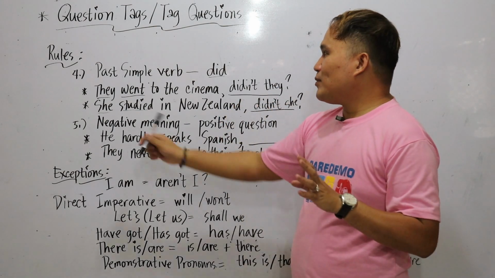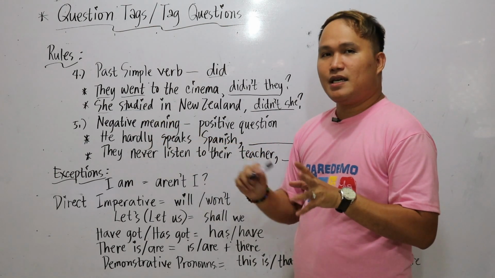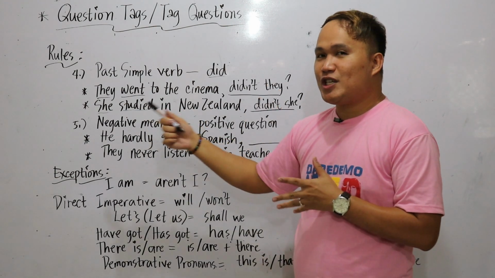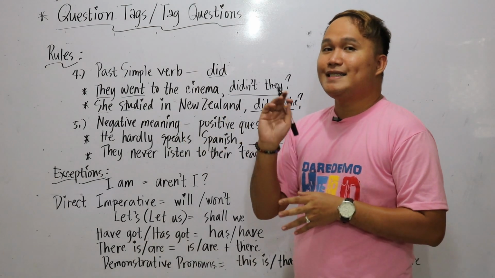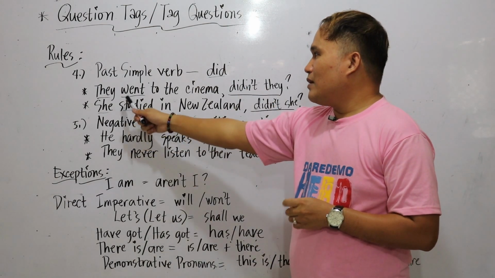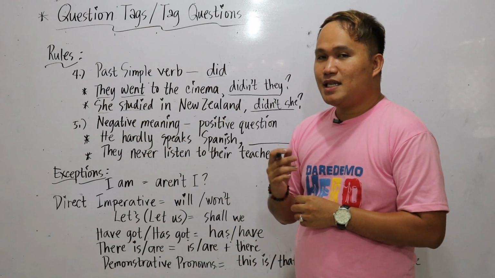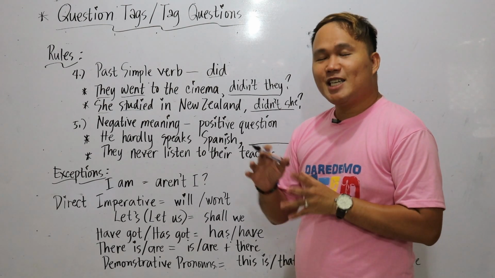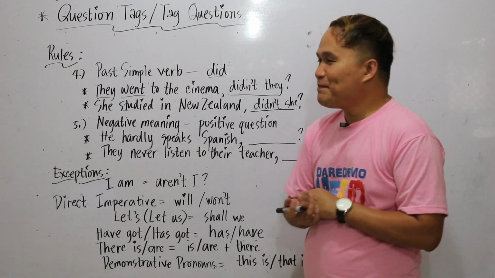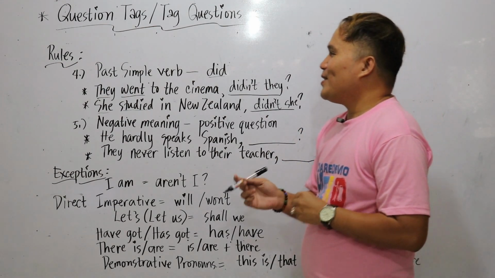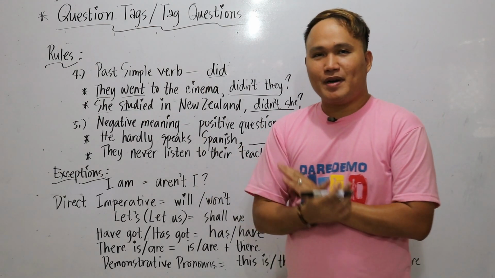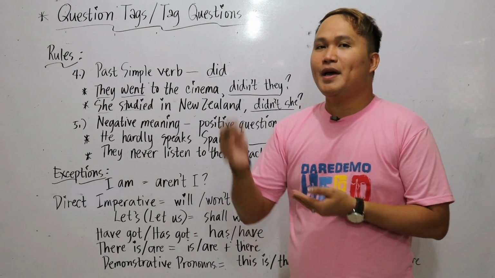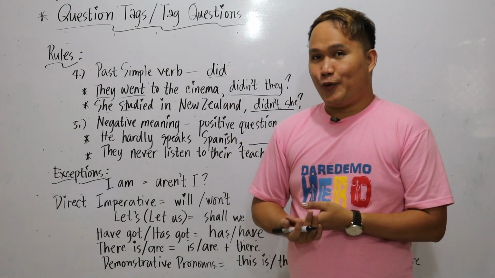So, she did not study in New Zealand, did she? They did not go to the cinema, did they? Always remember that. Again, if the statement is positive, your question tag should be negative. If your statement is in negative form, your question tag should be in the positive form.